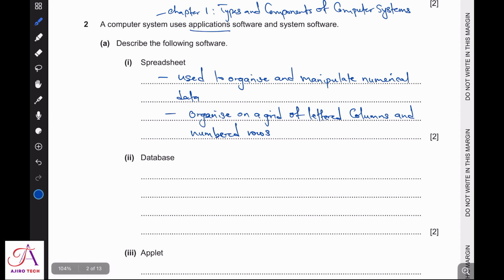Let's talk about database. Two marks will tell you 2 points. Okay, so here we can see that it is used to organize, manipulate, and analyze data.